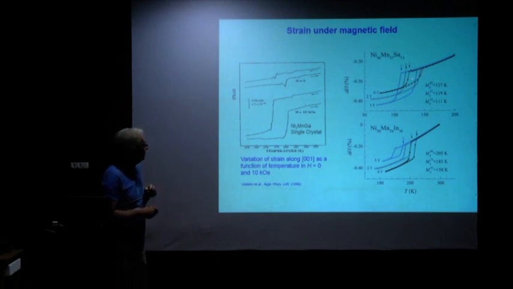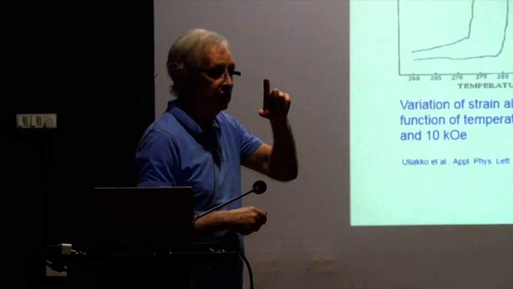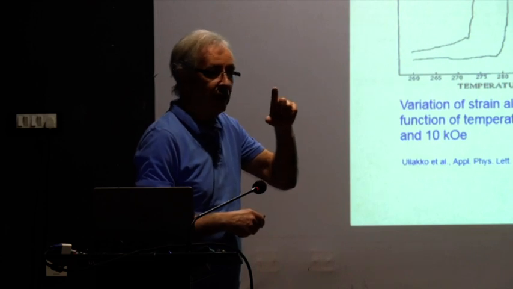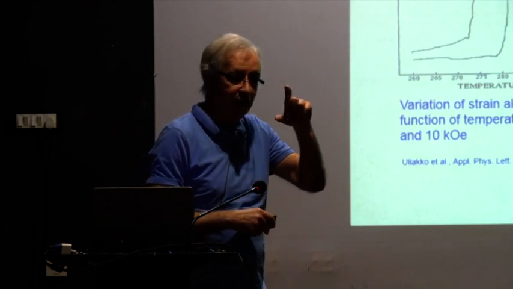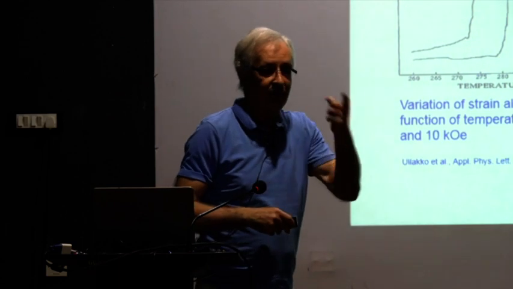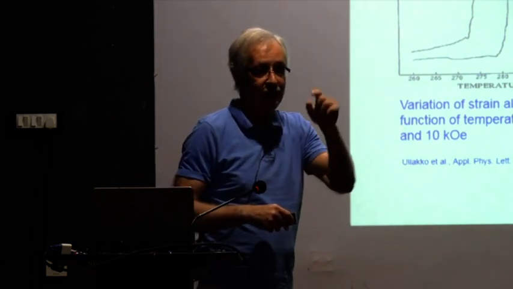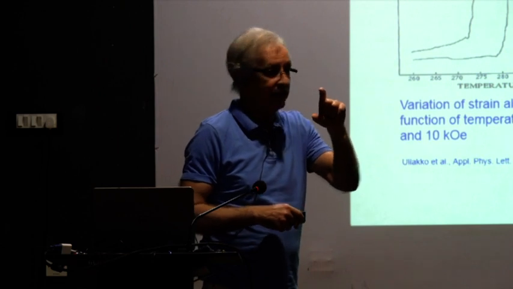So in the case of nickel manganese tin, here we have something where the difference is getting larger, meaning that the short axis has to be pointing in the field direction. More and more short axis has to be growing in the field direction.